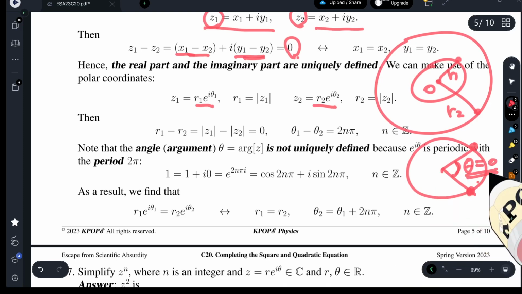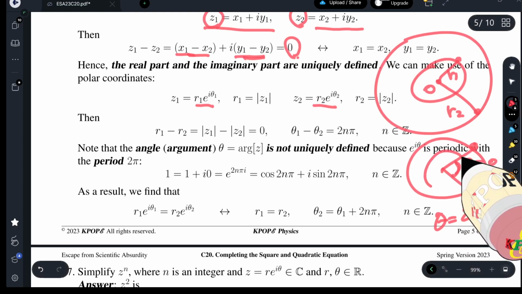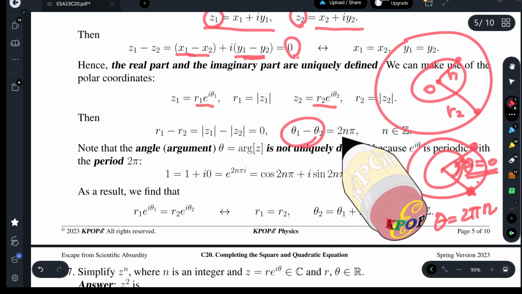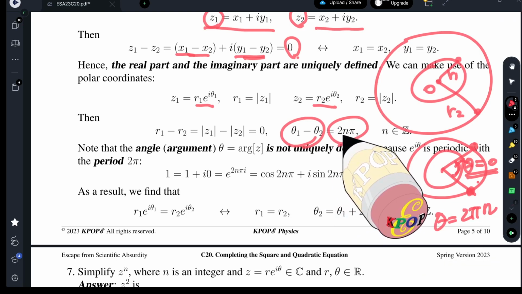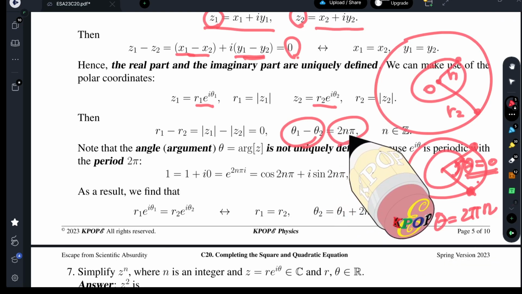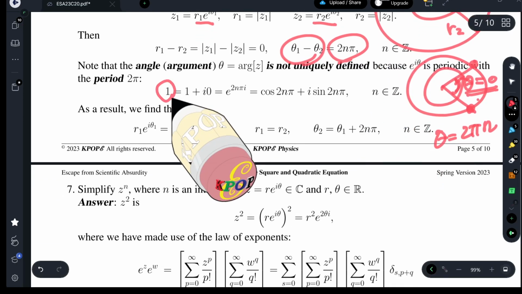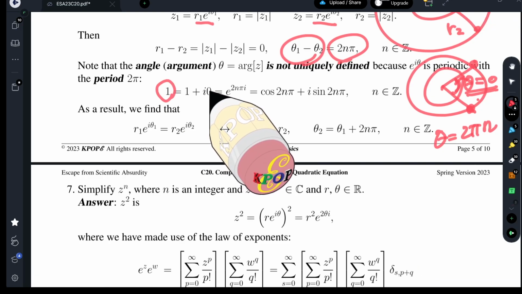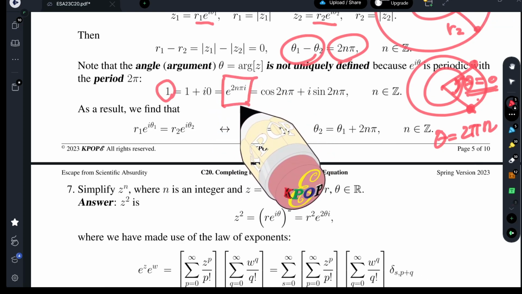However, it is true that any 2 pi times an integer will be allowed because it returns to the same point. As a result, the difference of the two angles doesn't have to be 0, but it can be any multiple of 2 pi. As a result, just 1, which is 1 plus i0, can be expressed in multiple ways.